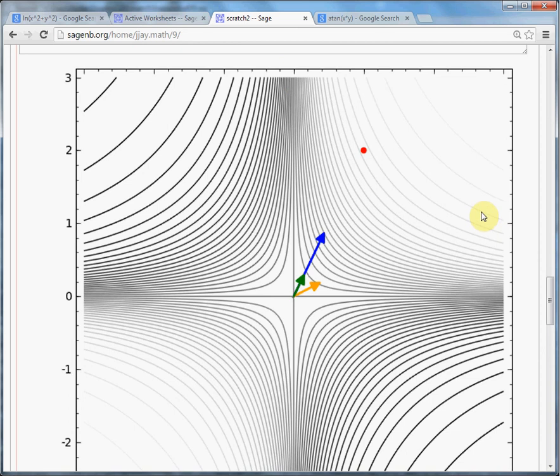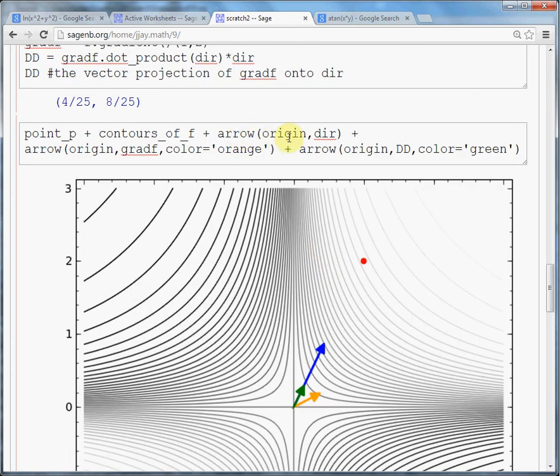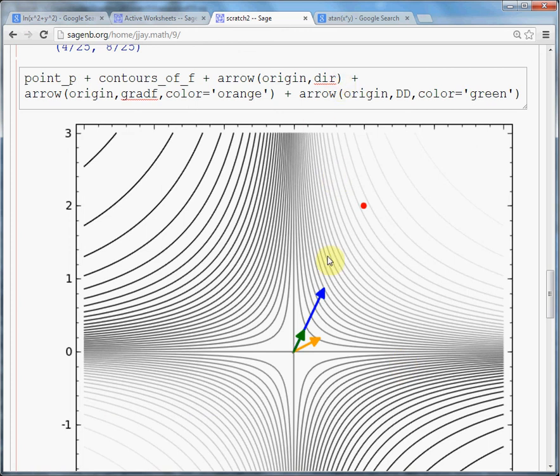So here are all these things in a plot. This is the point of interest, and the blue line, like before, is the unit direction that we're interested in, and like before, the orange vector is the gradient, and this green vector now is the projection of the gradient onto the direction. You can see that is what's happening here, right?